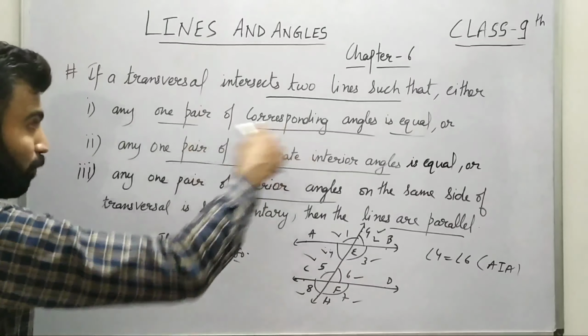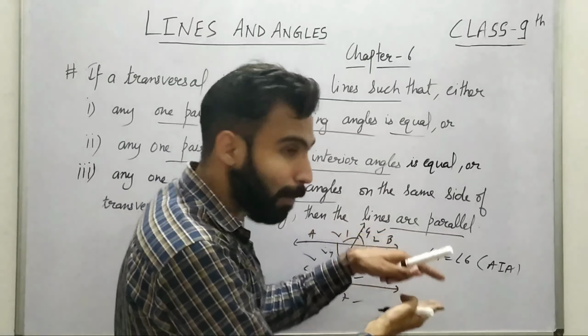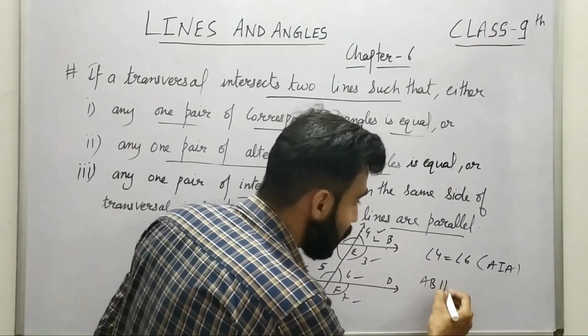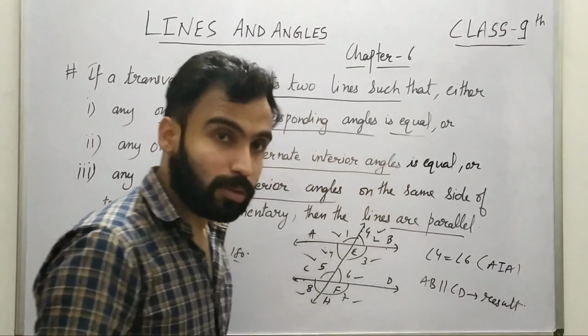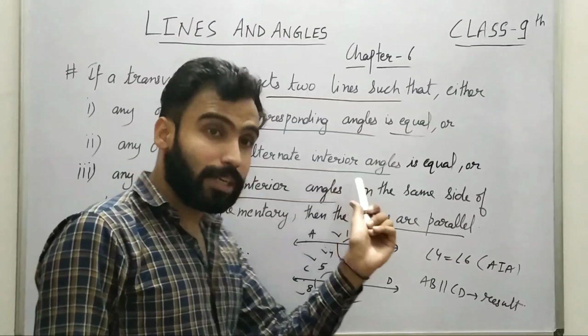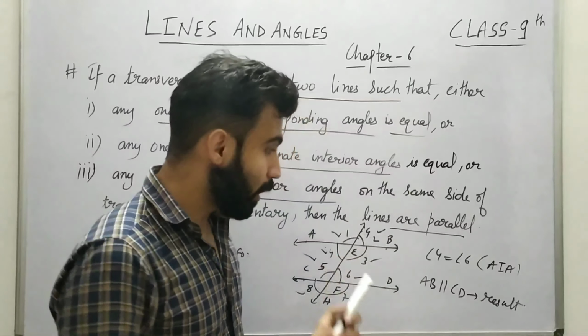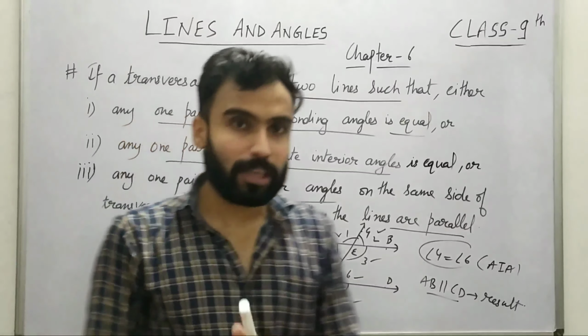If any of these three conditions exist, then the lines are going to be parallel. So we can write that AB is parallel to CD. This will be the result. These are the given things, and this is the result in this condition. But in the previous condition, given to us was this, and this was the result. Getting my point? That's the difference.